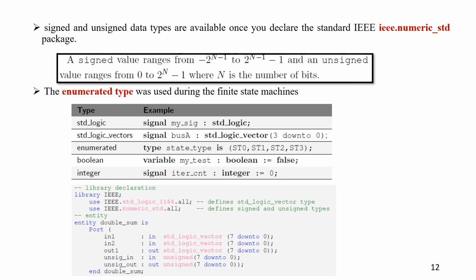In this example, you can see if you use the STD logic vector, the best library is IEEE STD logic 1164, and if you use the unsigned and signed data types, the best library is IEEE.numeric_std.all.